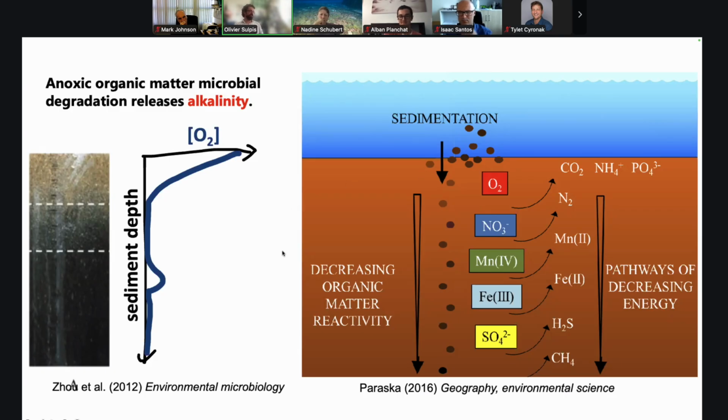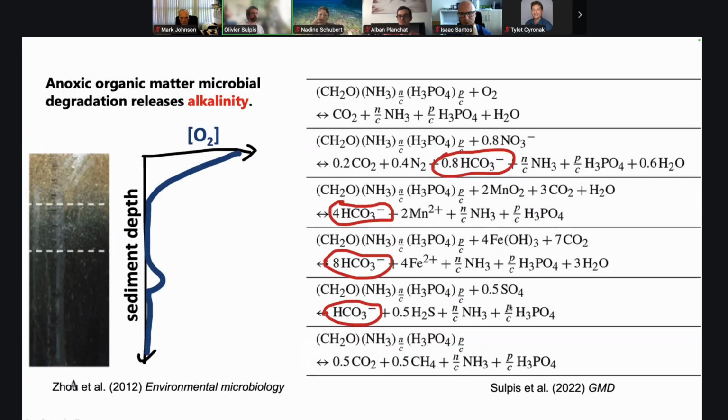But the reactivity decreases with sediment depth, and we always have microbes there to eat this organic matter. Once we run out of oxygen, we still have microbes ready to respire this organic matter, but without oxygen. So they will use other electron acceptors, such as nitrate, manganese, iron, sulfate, and eventually the organic matter itself, to generate a series of dissolved ions that we see here.